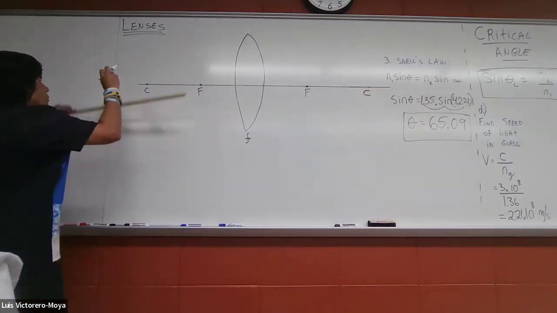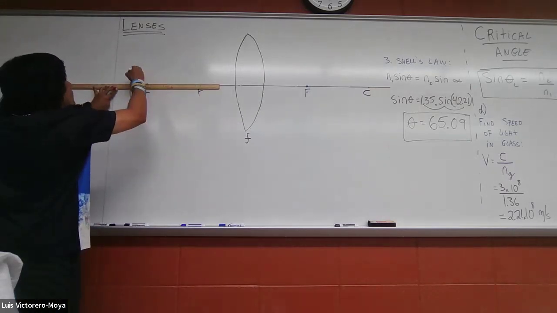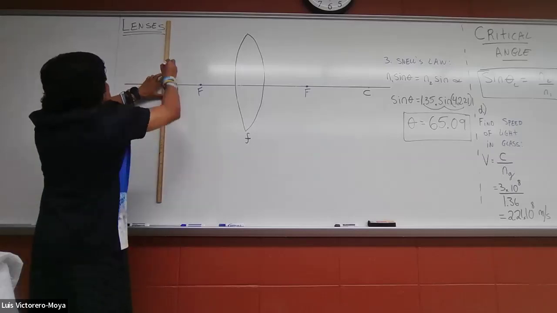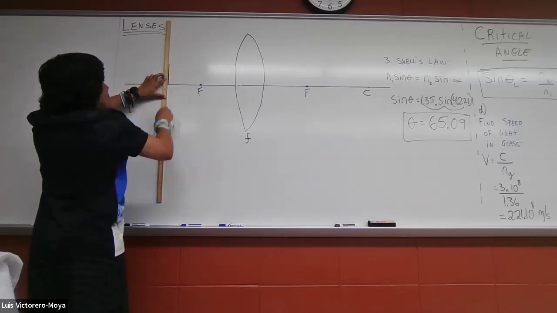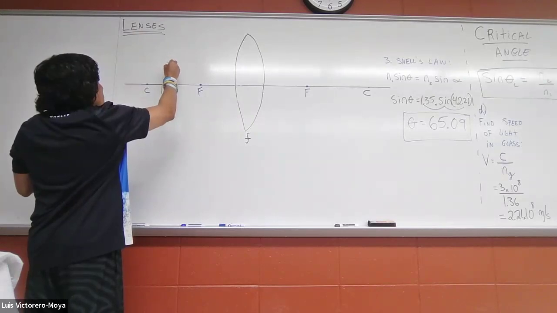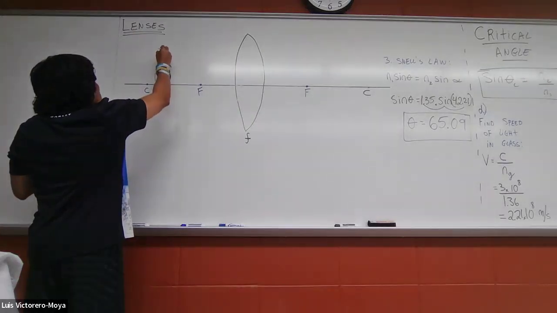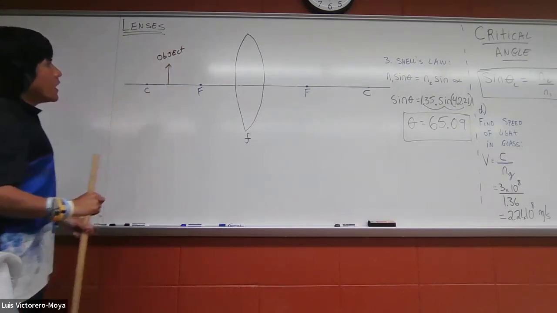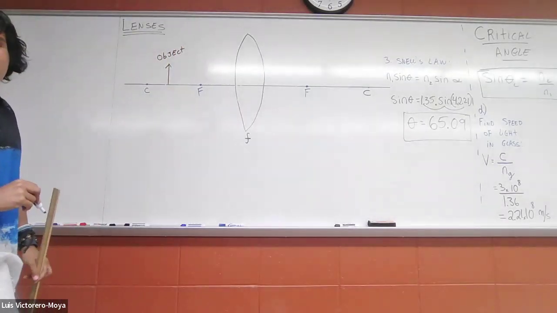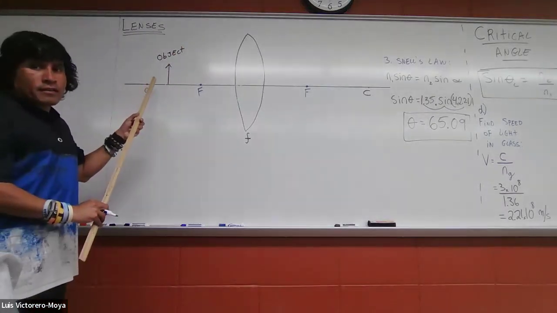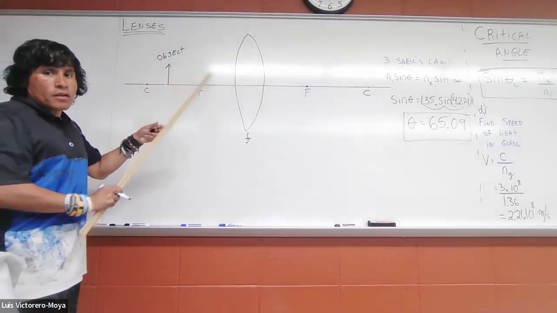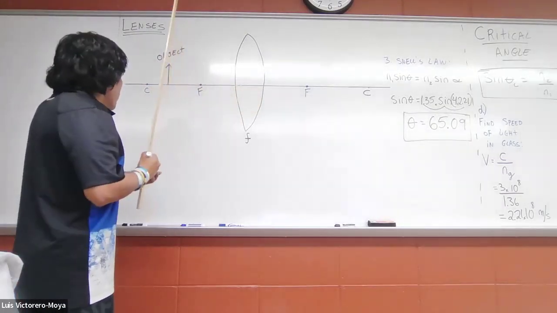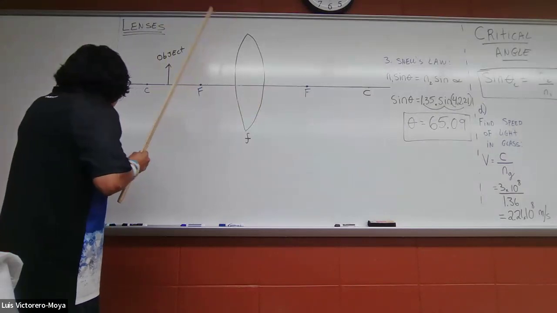So let's suppose I have an object here. That's the object. How is the image of this object formed due to this lens? You're going to use two rays for this.